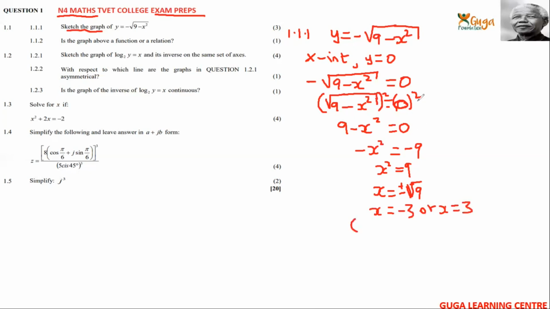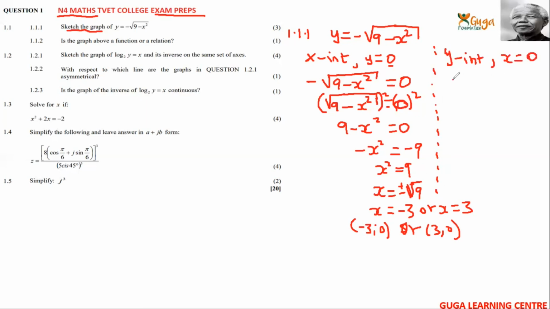So here it means that because your y is 0 this side, you've got points here of negative 3, 0, or 3, 0. Okay, so now I'll try to get the y-intercept, when x is equals to 0, right?